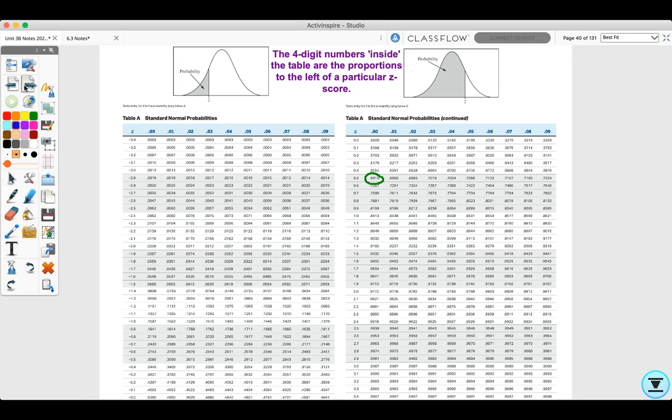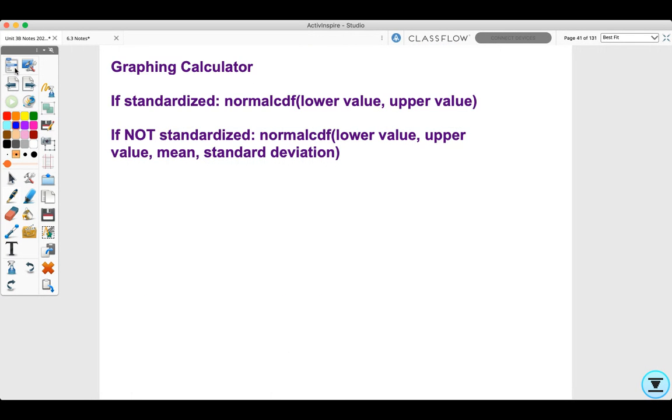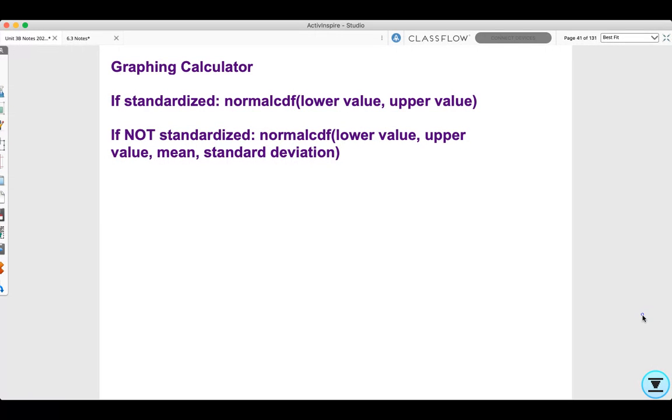And again, this is all using the table. With your graphing calculator, you can go ahead and use this instead of using the table. And this is on page 112 in your textbook. So you need to make sure that you pay close attention to pages 111 to 113 to get help with all this.